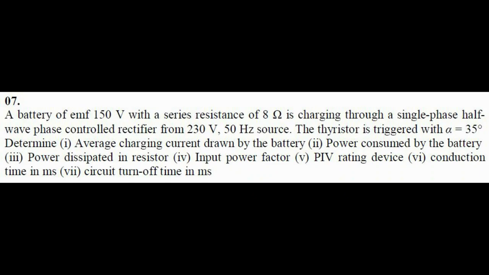Determine, first question, average charging current drawn by the battery. Second one, power consumed by the battery. Third one, power dissipated in the resistor. Fourth one, input power factor. Next, PIV rating of device. Next, conduction time. After then, circuit turn off time.